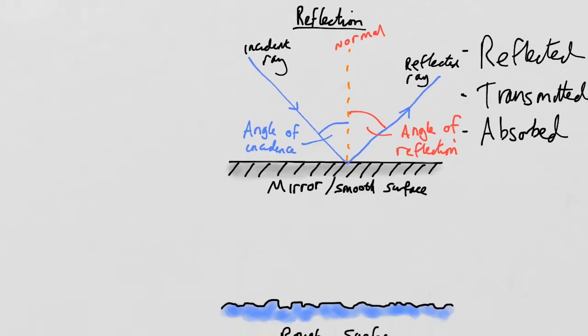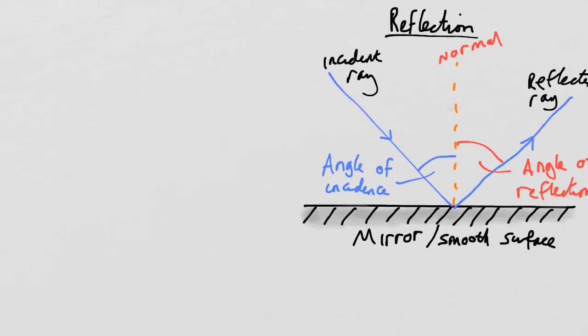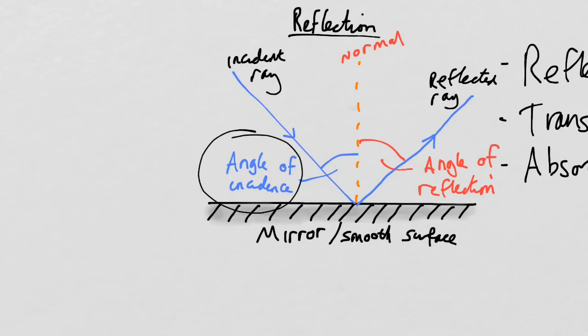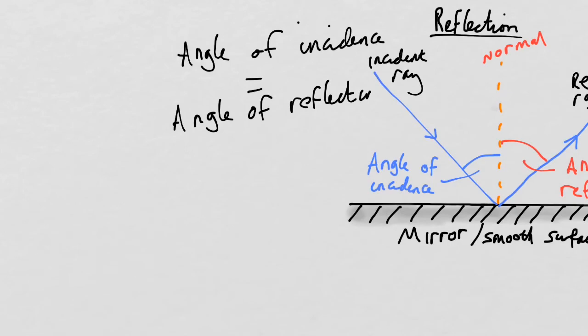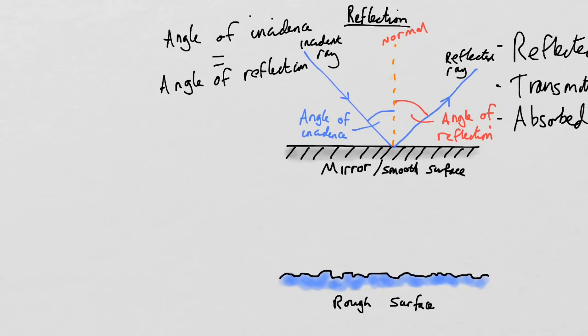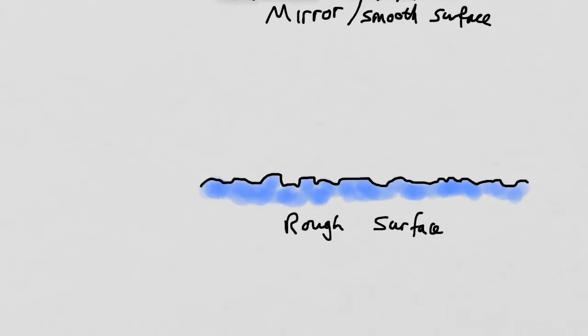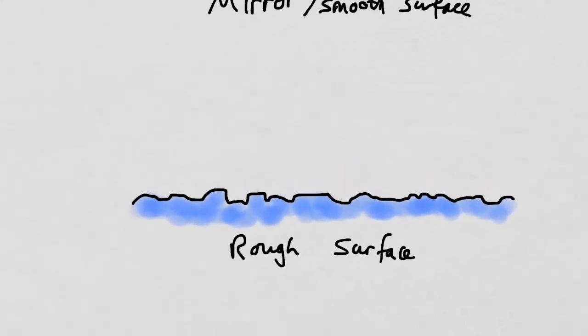Our simple rule just says that the angle of incidence is exactly the same as the angle of reflection. For a rough surface, it works in exactly the same way really.